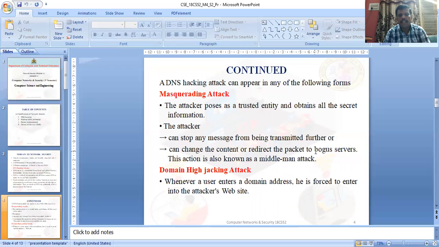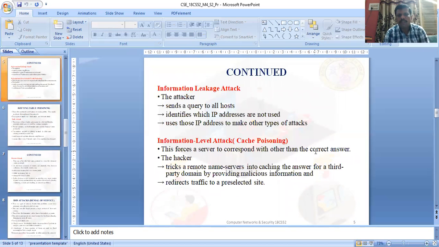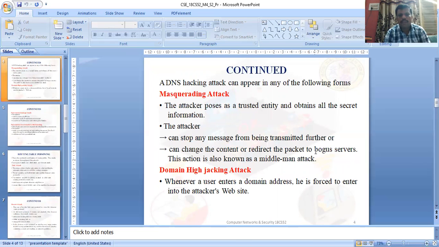So when you type the domain name yahoo.com, it goes to his DNS server instead of the regular DNS server. This is nothing but a domain hijacking attack. The domain itself is hijacked, and your domain address is redirected to bogus servers.